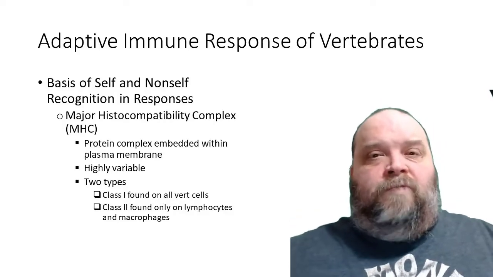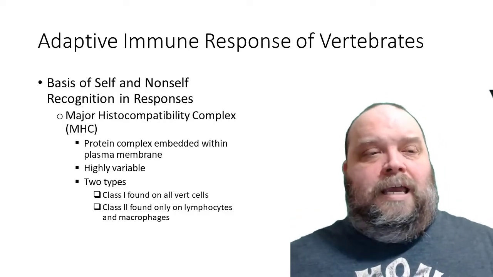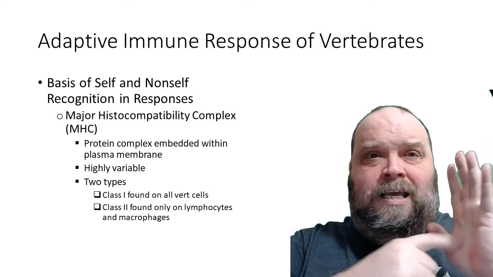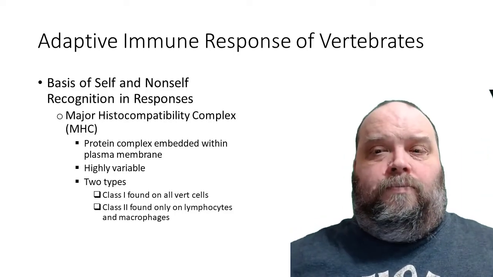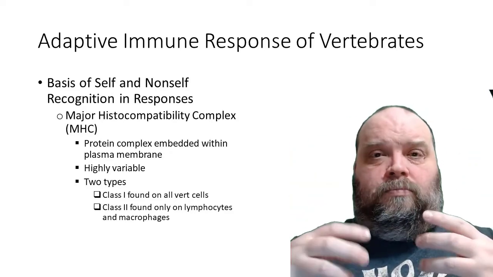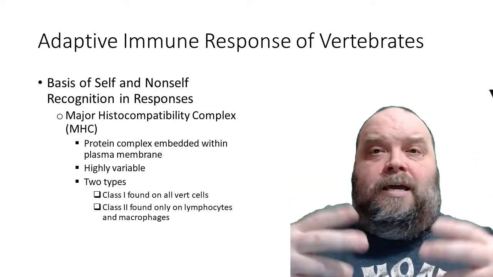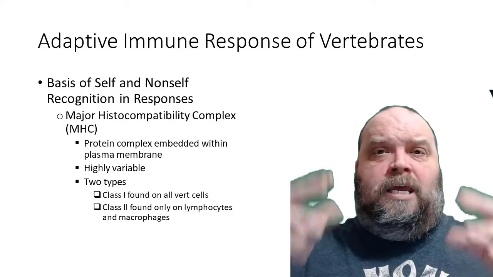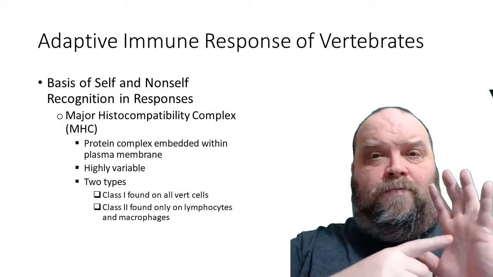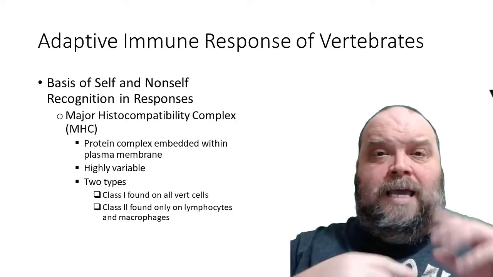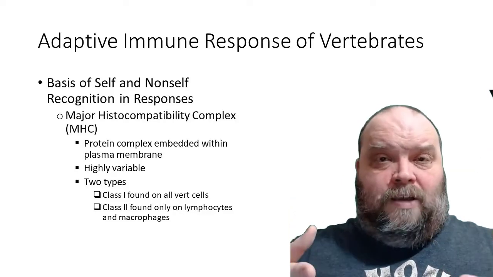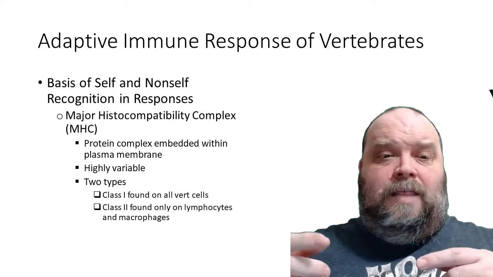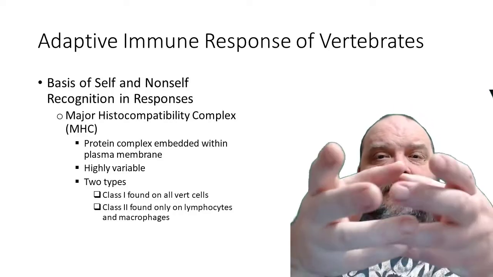Well, first step is any cells surrounding the wound, any cells surrounding that foreign organism are going to take up the bacteria, the virus, take up parts of the parasite that may have come off, or if it's shedding as it's developing from different larval stages, will take up in a phagosome, use a lysosome to digest the stuff down, and then it's going to present it.